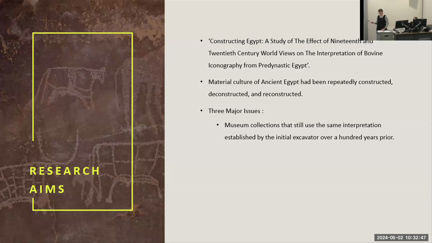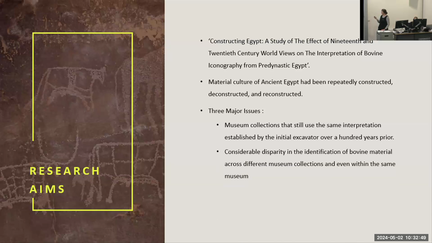In most cases, it probably isn't. Secondly, there's a considerable disparity in the identification of bovine material across different museum collections and even within the same museum. And finally, a real lack of understanding of specific bovine-related terms and their current usage.